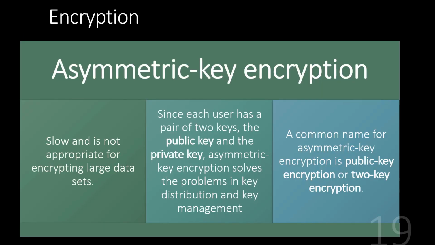And basically, asymmetric key relies on what we call public-private keys. So we have a pair of keys, and we can use our public key to communicate with another party. They can use their public key to communicate with us, and then we use our combination of public and private key to negotiate a symmetric key going forward.